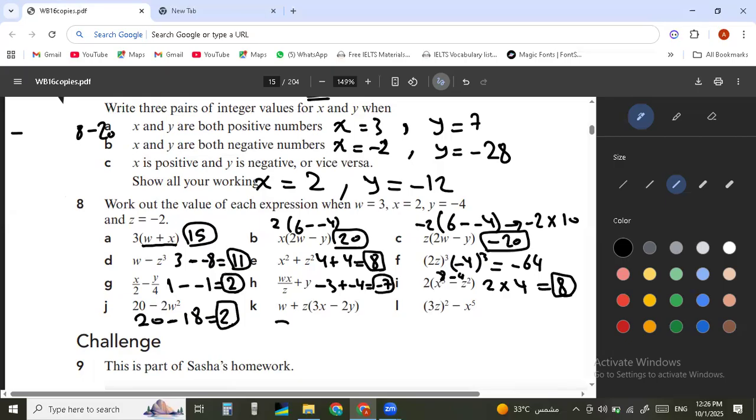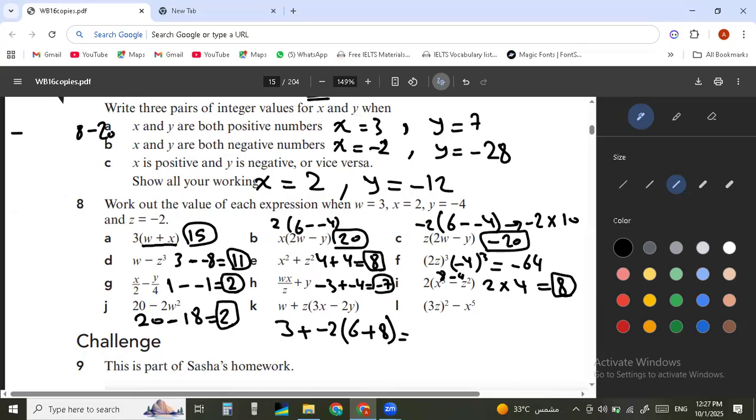(w, which is 3, plus z, which is -2) multiplied by (3x, which is 6, minus 2y), which is going to be -2 multiplied by -4, is +8. Or you're going to find minus -8, which is also +8.